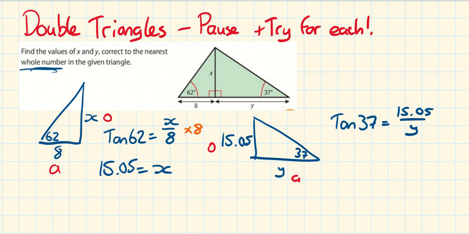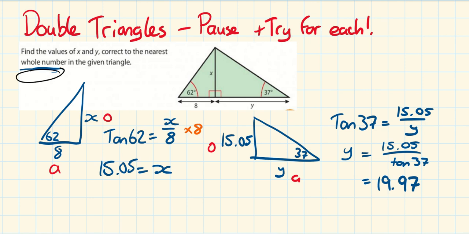So we have y equals 15.05 over tan 37. That will give you 19.97. All right, so you can see they do work out nice enough, but it says the nearest whole number. So x is 15 and y equals 20.